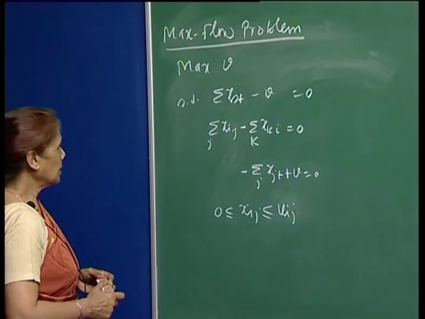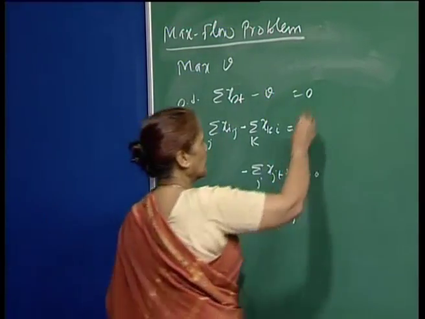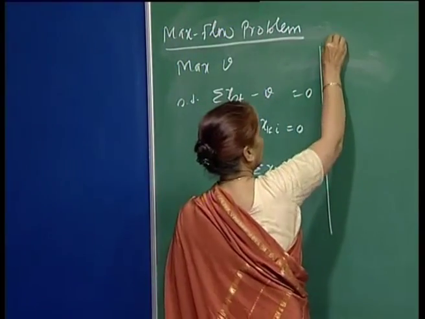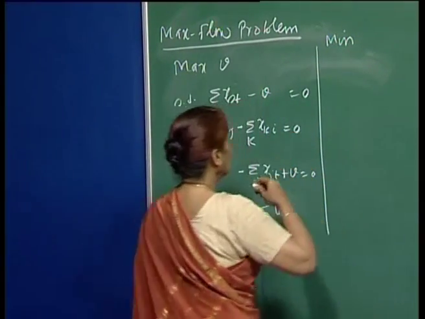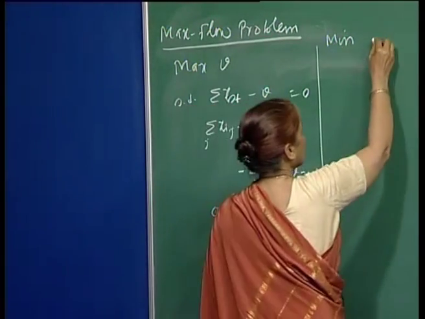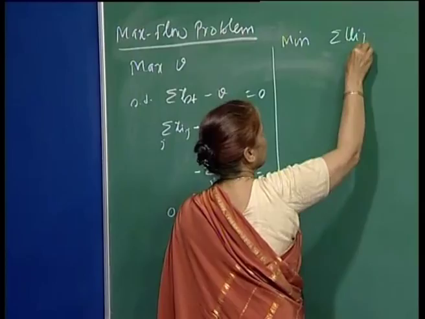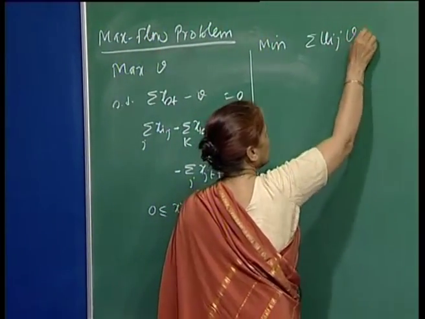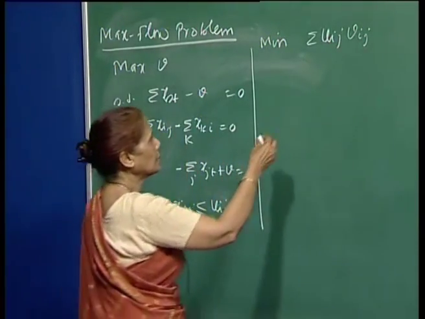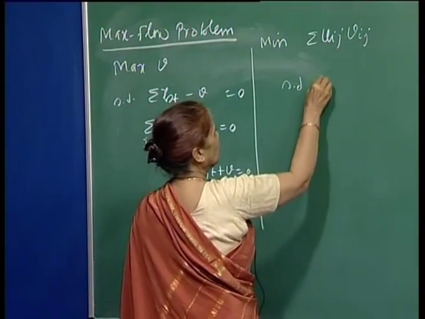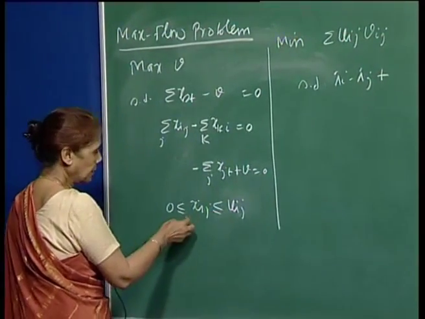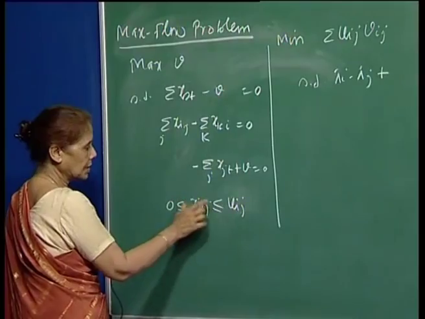Then we wrote the dual to this problem, or whether you want to call this the dual, it is up to you. The corresponding dual problem is a minimization. You have only u_ij's here on this side, so we said this will be minimization of summation u_ij w_ij, and then for the x_ij columns you have plus 1 and minus 1. So, subject to pi_i minus pi_j plus v_ij, I will not consider these as explicit constraints, only these ones.